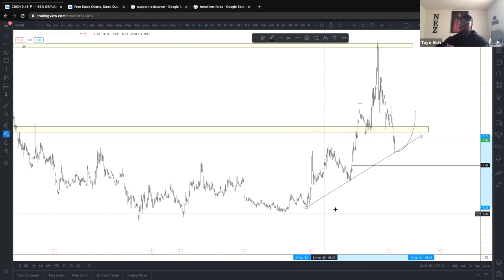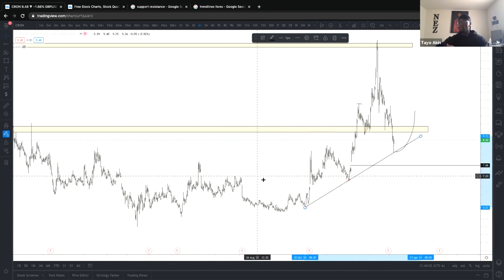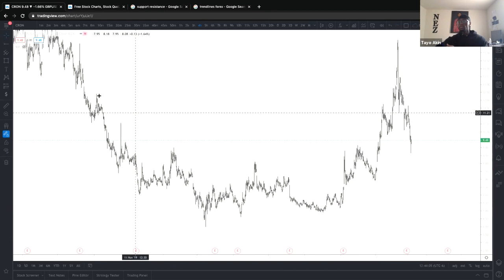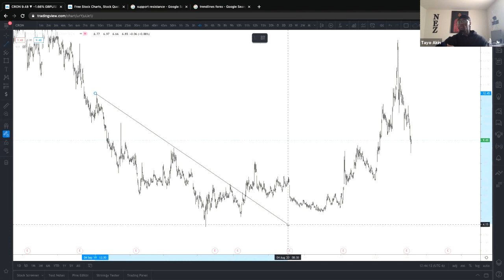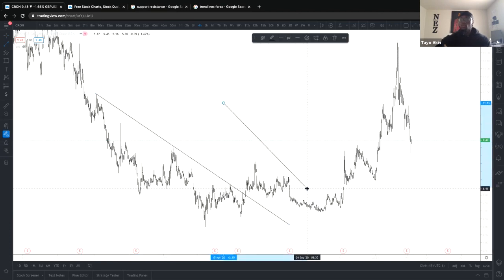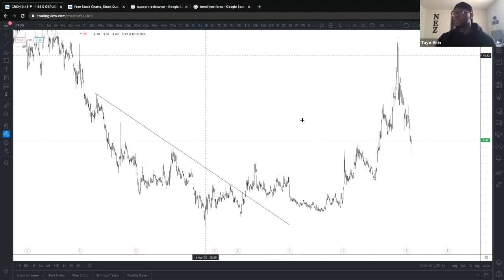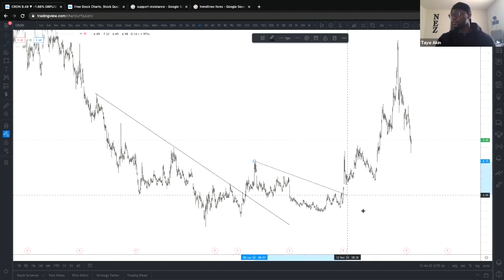But if we look at the bearish aspect, you can look at it like this. I'm also going to apply the star method and show you how price will start doing particular things. This is a perfect example.